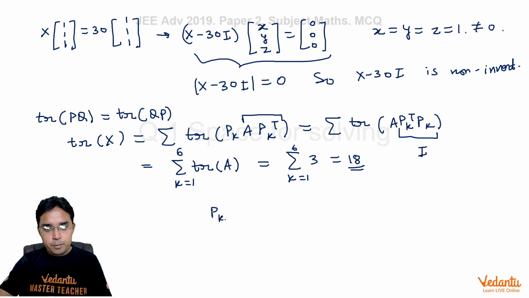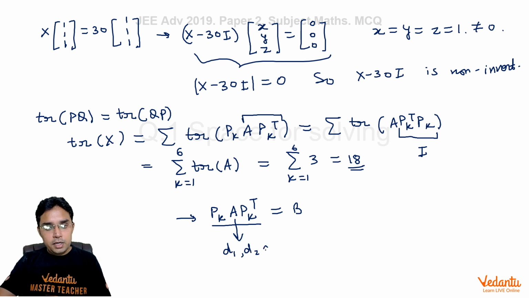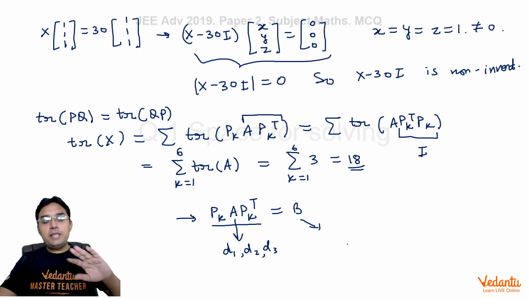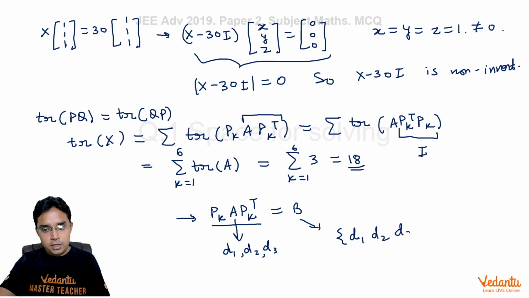Take this expression pk A pkt and let us say it becomes equal to B. You can check for all values of k, p1 to p6, this product will be such that if A has diagonal elements d1, d2, d3, then B will also have the same 3 elements in its diagonal, maybe not in the same order, but in some permutation of d1, d2, d3.